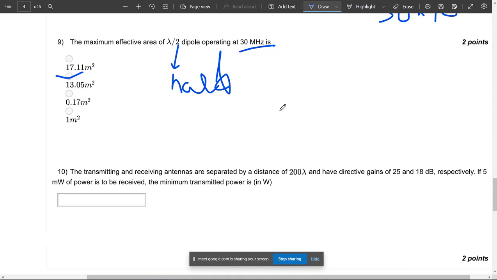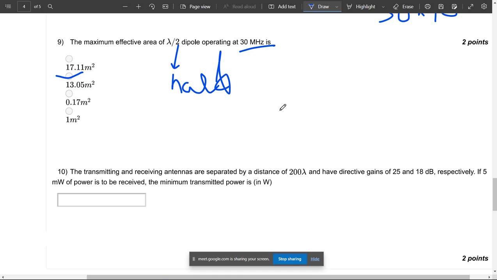I'm not getting the actual term. It is the area of the antenna which the wave actually goes through, so that is the effective area. And the actual area is the physical area of that antenna.